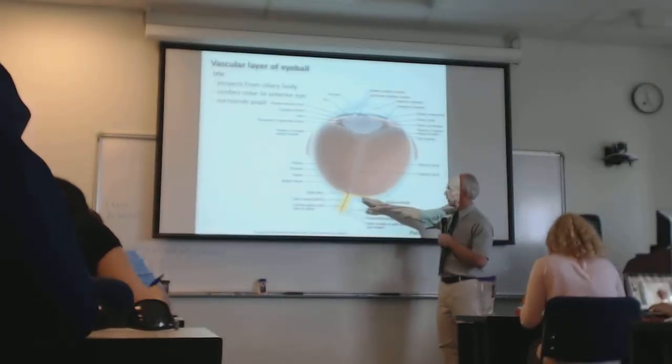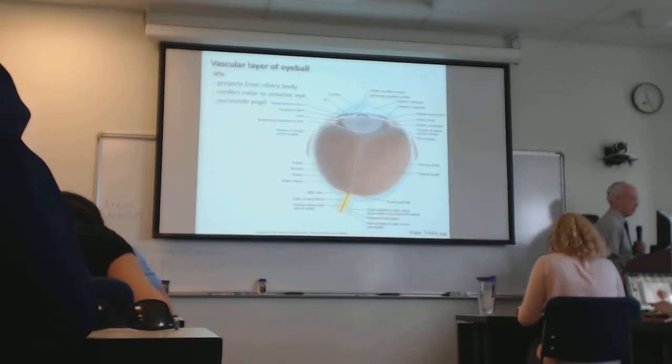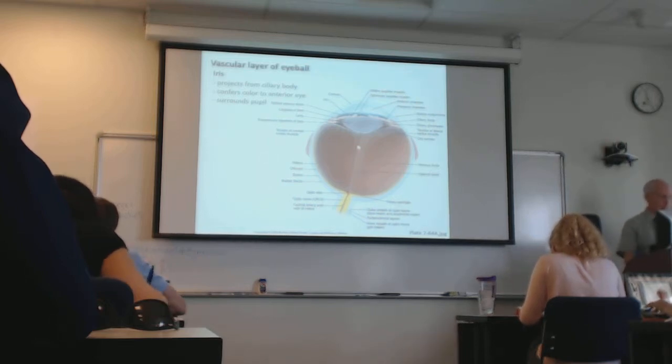The fovea is conversely where there is the highest concentration of cone receptors in the eye. Cone receptors afford both color sensation and precision, discriminant vision. And this is properly labeled here. Remember, the vitreous body is back here.